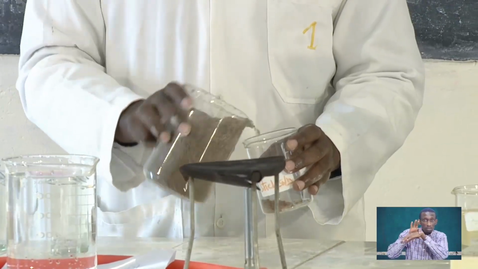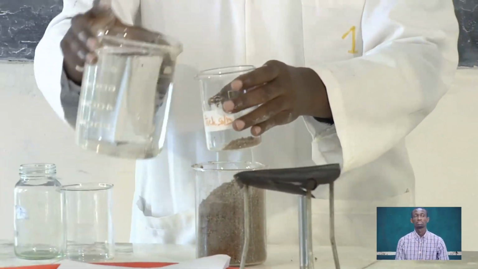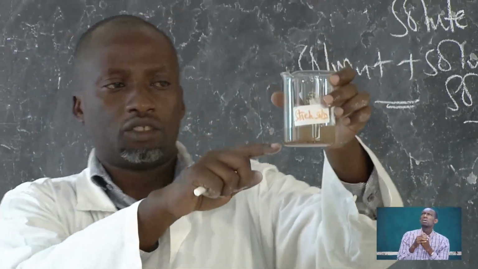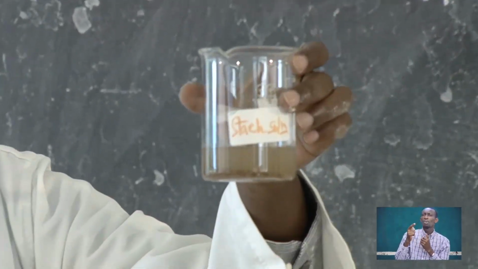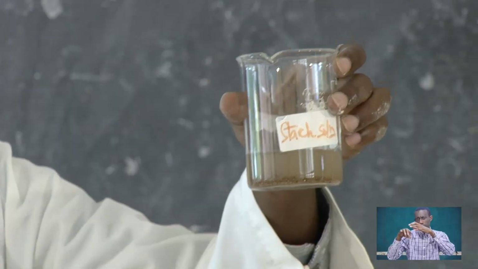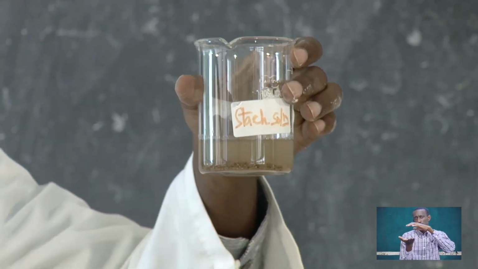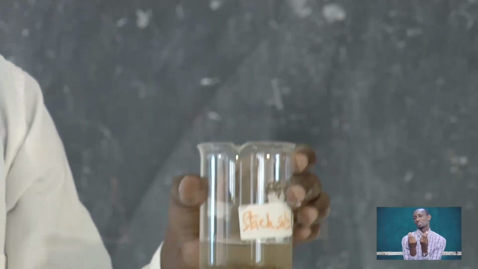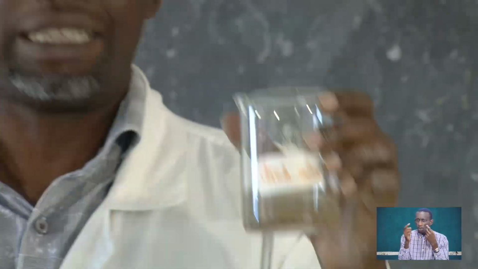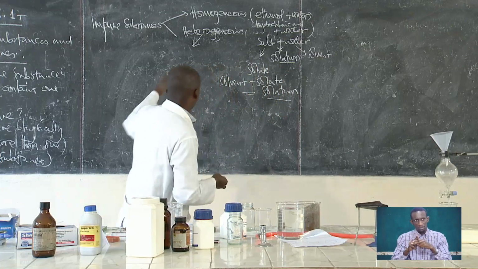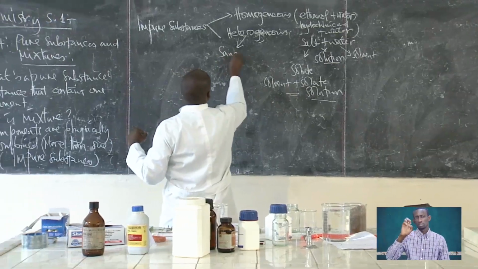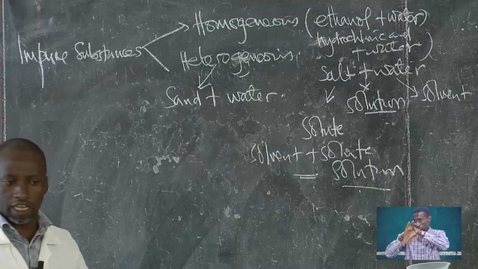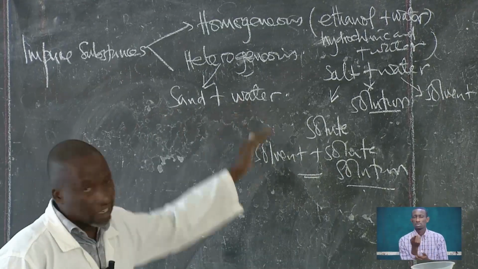When you look at it, you'll see the sand goes down, and the water remains on the top of the sand. So they form two distinct phases, a solid and a liquid. So this becomes a heterogeneous mixture. Sand and water is a solid and a liquid.